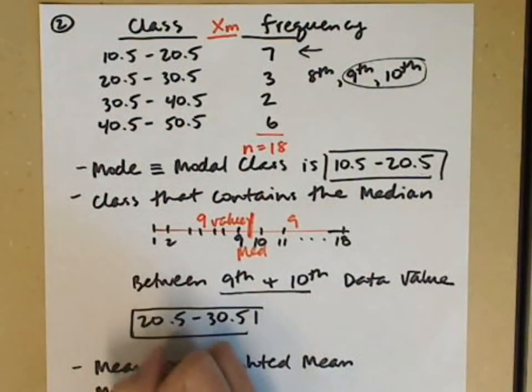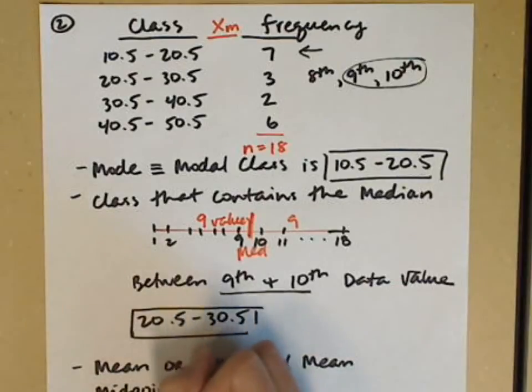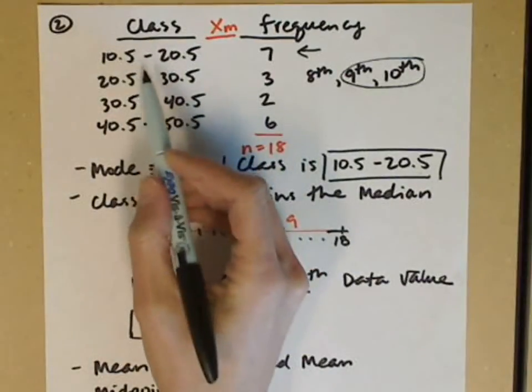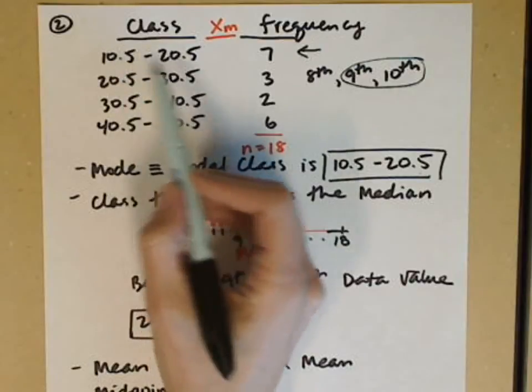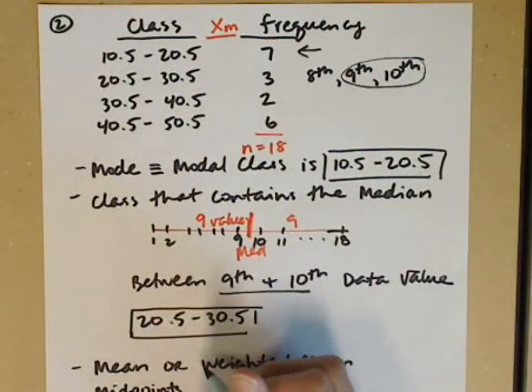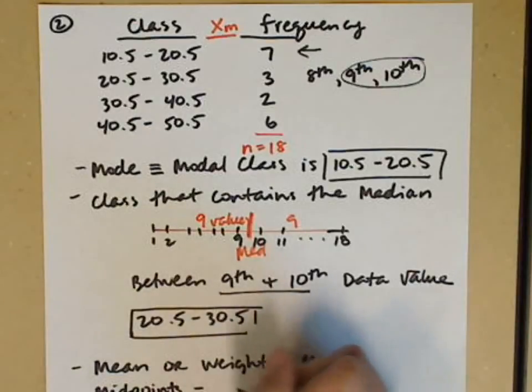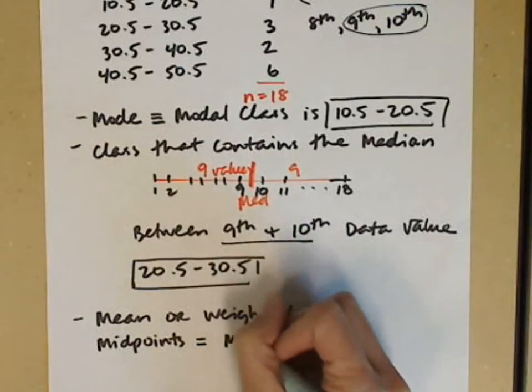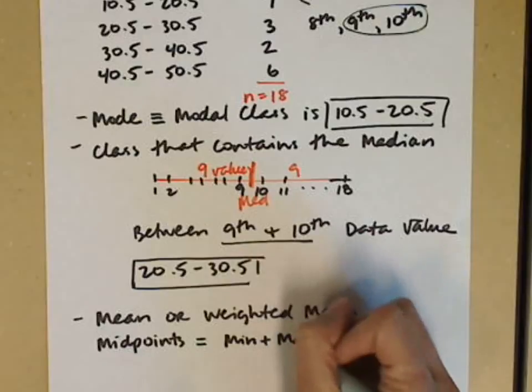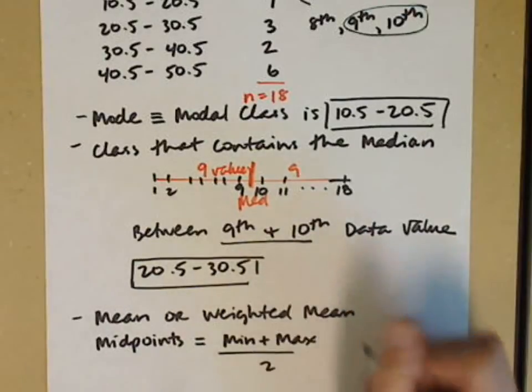We're going to find our midpoints. It really is a mid-range. I'm going to average, or find the mean of, the minimum and the maximum values for each of those classes. So each midpoint is going to be the lower boundary plus the upper boundary, but I'm going to call that minimum plus maximum divided by 2.